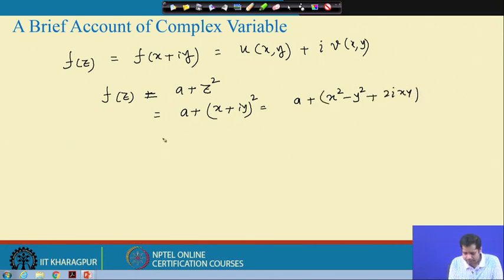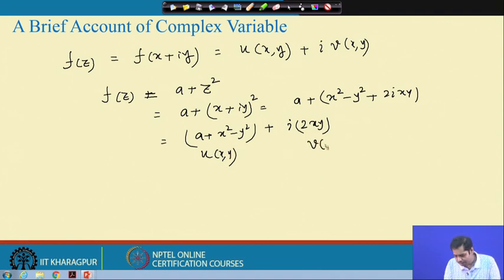So, this becomes a plus x square minus y square, and then plus i into 2xy. So, this is u(x,y) and this is v(x,y).